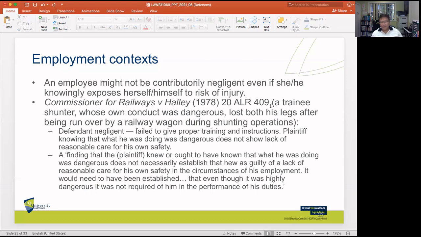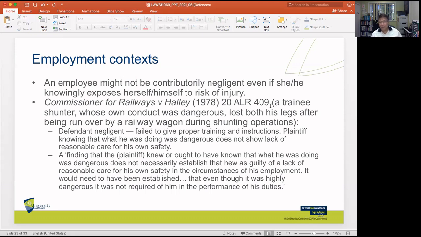Here, the defendant was negligent. It failed to give proper training and instructions. So the plaintiff knowingly did something that he knew to be dangerous. But that fact alone does not show a lack of reasonable care for his own safety.